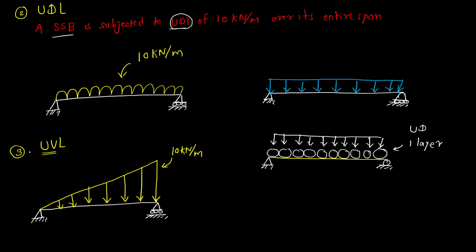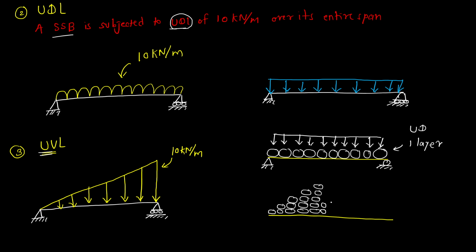Now in this third case, that is UVL, what will happen? The distribution of the bags is like this. There is one bag at this point, two bags, then at this point three bags, four.